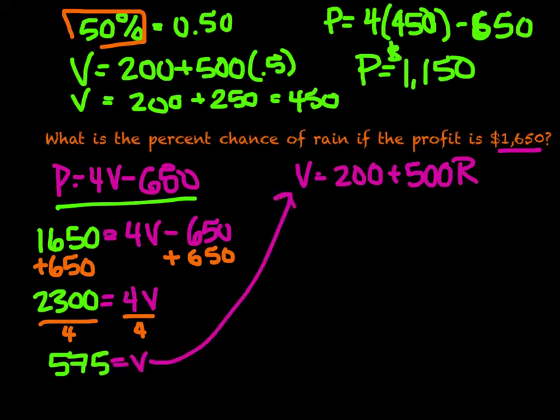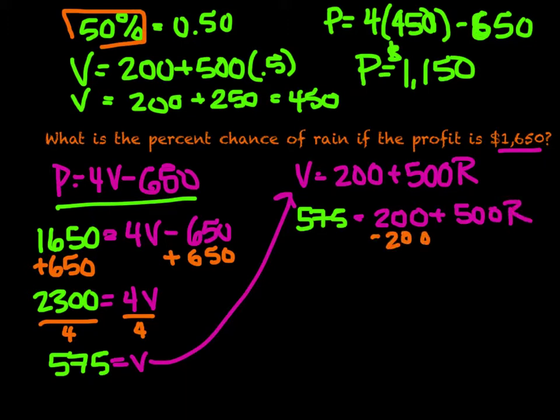Now we're going to put that into this equation. We're essentially working backwards from what we did before. 575 visitors is equal to 200 plus 500 times R. So we're going to subtract 200 from each side. So we get 375 is equal to 500R.